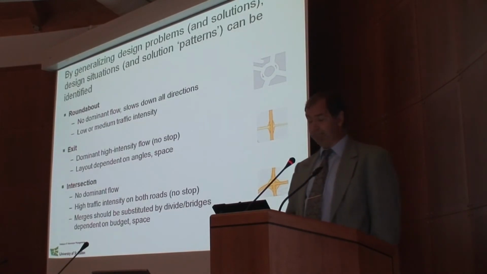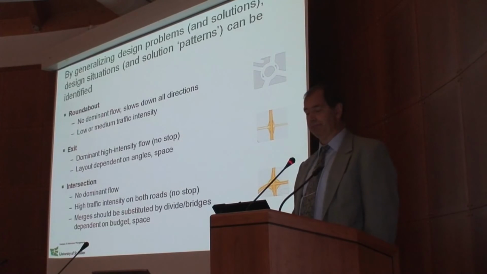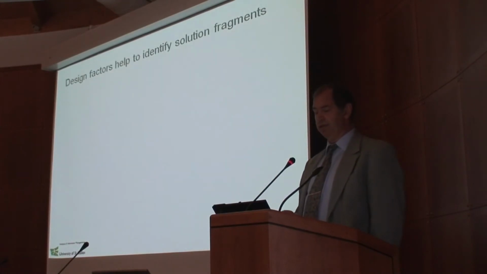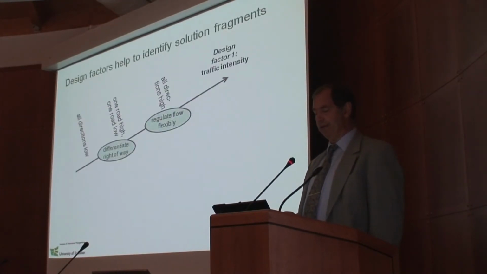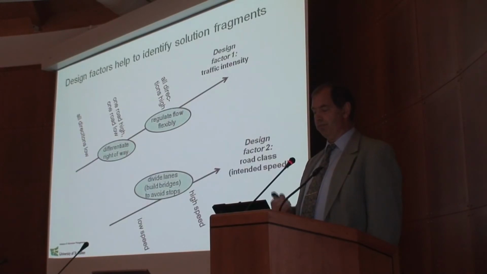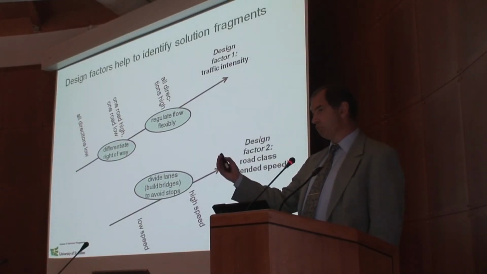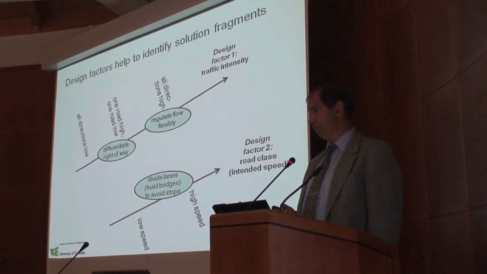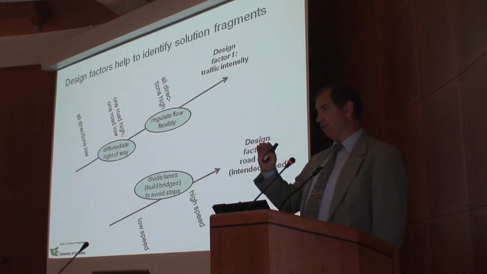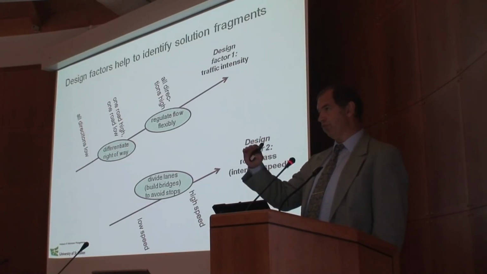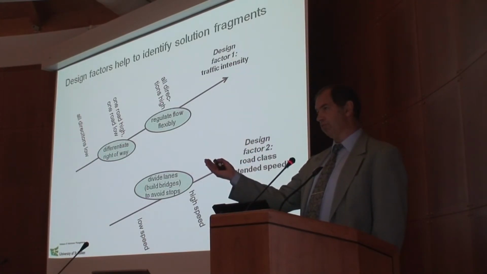Then we see patterns that you all know. And if we have patterns, we have made the first steps towards what one could call design theories. That we have, for example, certain switching points where we switch from one solution pattern to a different solution pattern.